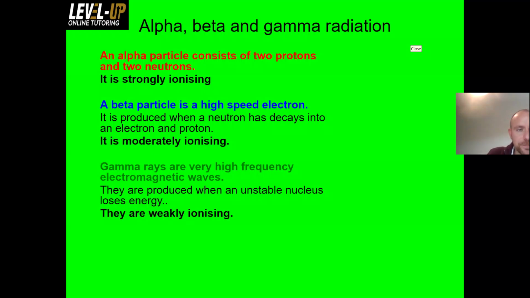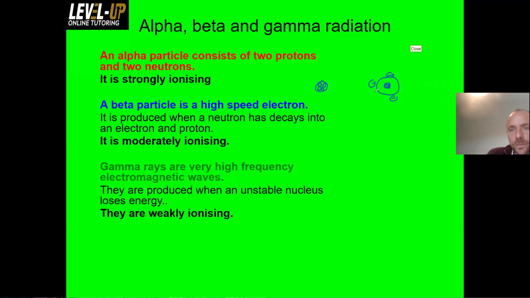Now let me explain what's actually happening here. So if I have an atom, okay, and here's my nucleus with my protons and my neutrons, and here's an electron, and here's an electron. If I imagine that I've got a big, chunky, relatively big, chunky alpha particle, 2 protons and 2 neutrons.